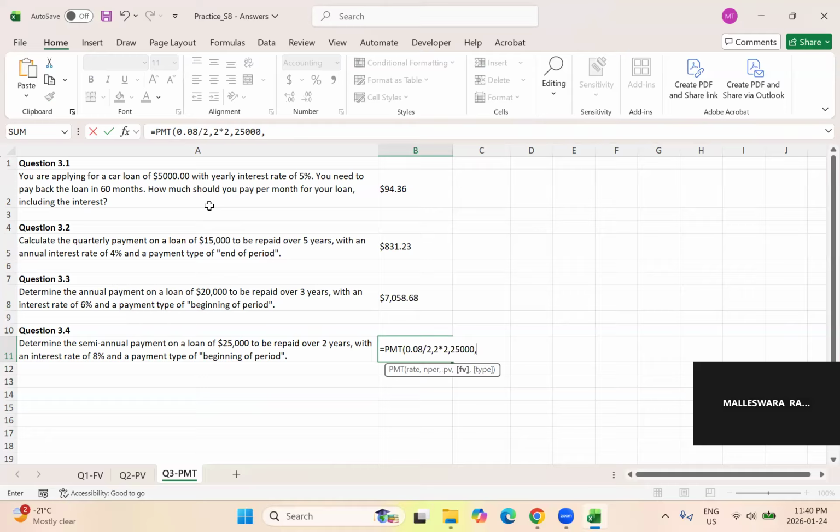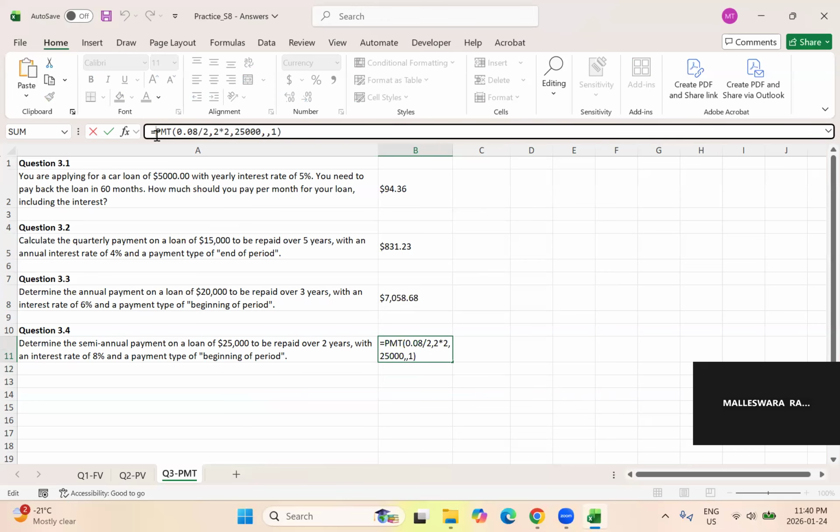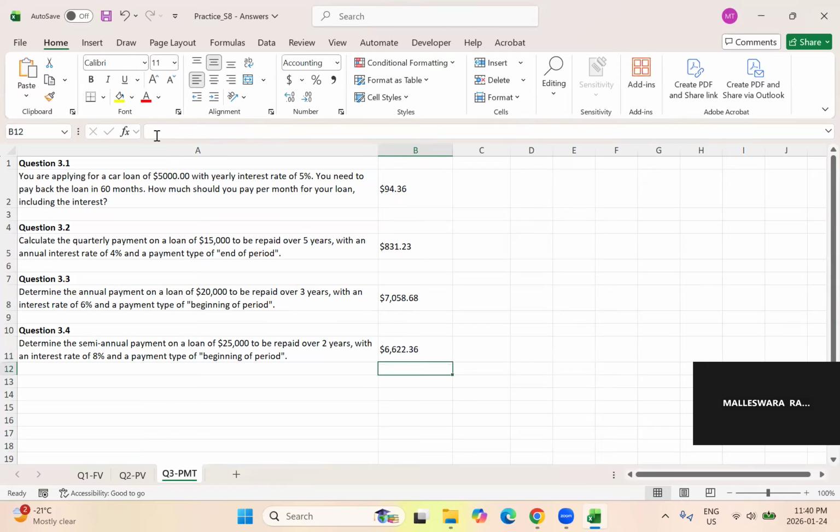Money coming to you, actually taking the money, 25,000. And that's a payment you're talking about. That's the present value that you're taking. It's paid over 2 years, semi-annual. So paid at the beginning of the period. So that's it. The whole thing is negative. I'll leave it like that. So the whole thing is negative. I stop sharing, stop recording.